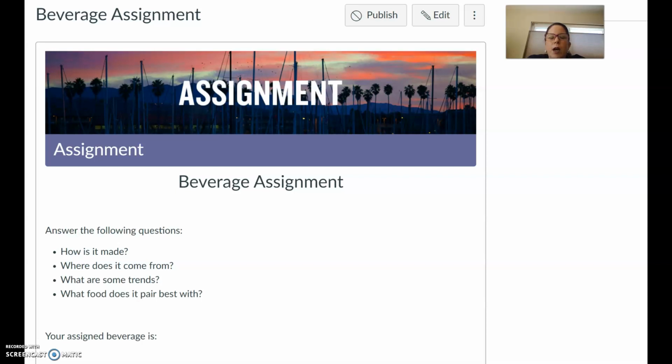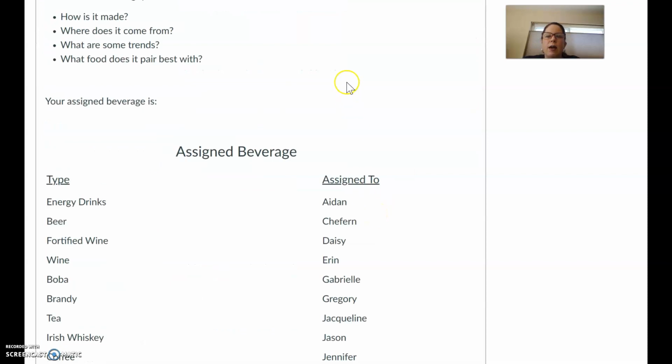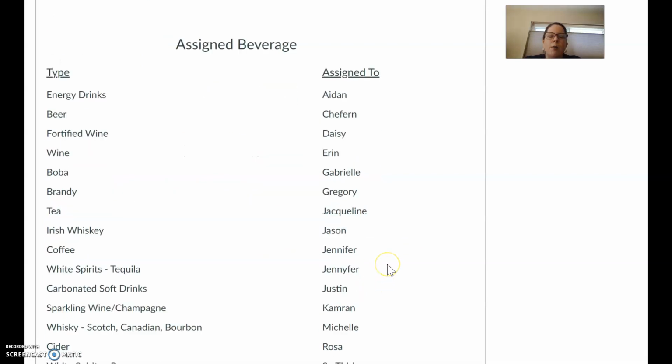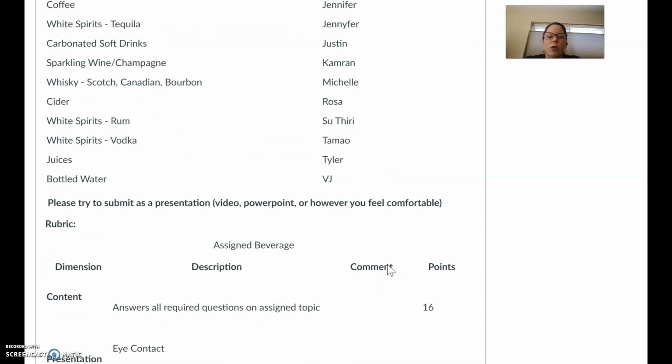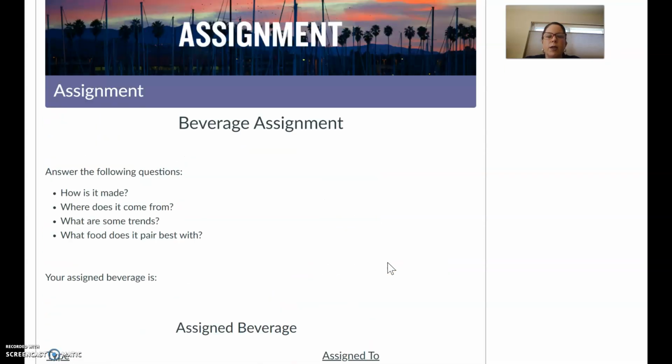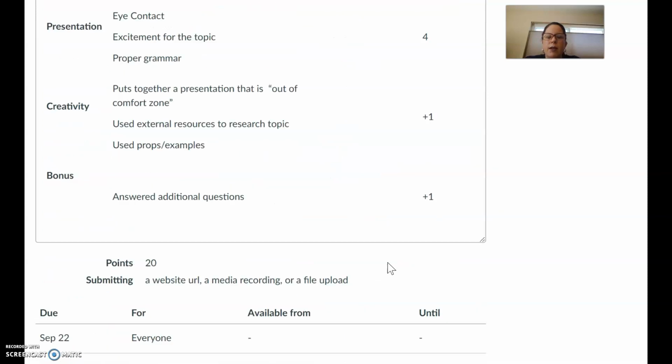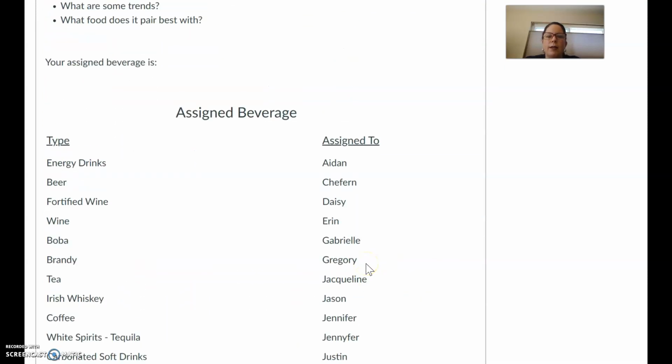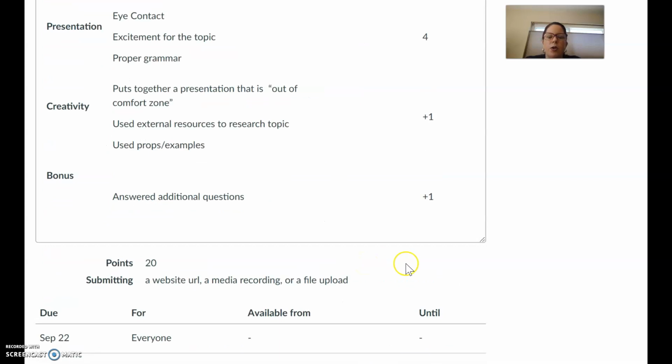Looking for a particular country or how it's manufactured, some trends associated with it, and then what food does it pair best with. As I scroll down on this beverage assignment, you'll see what the beverage is, and then you'll see alphabetical by first name who it's assigned to. You'll have a couple of weeks to research, because this assignment is not due until September 22nd. So if you have any questions, do let me know.